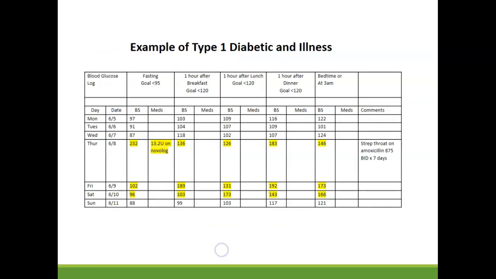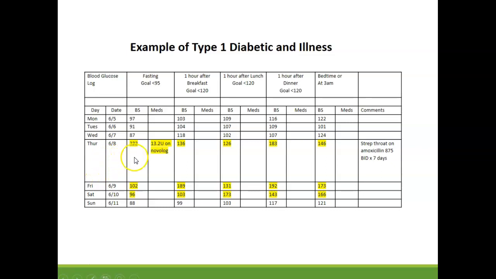And what I want to show you here is an example of a type 1 diabetic that I had. If you see Monday through Wednesday, they're on their normal course of insulin, and all of a sudden they have strep throat and are starting treatment of amoxicillin.